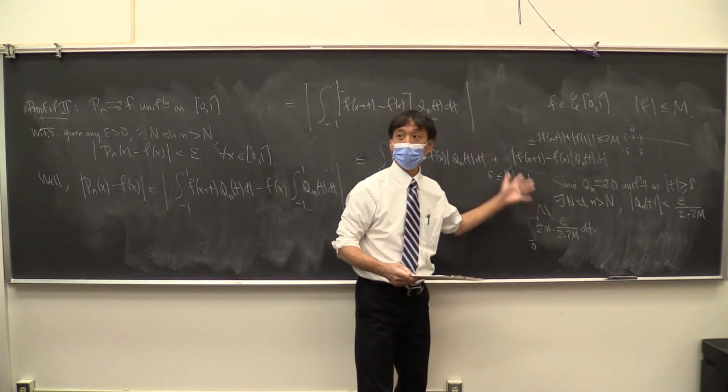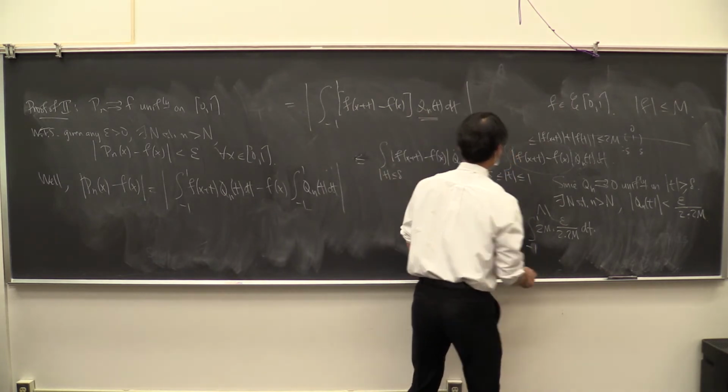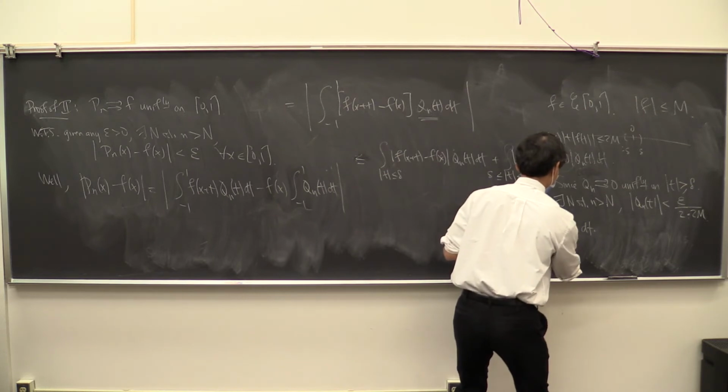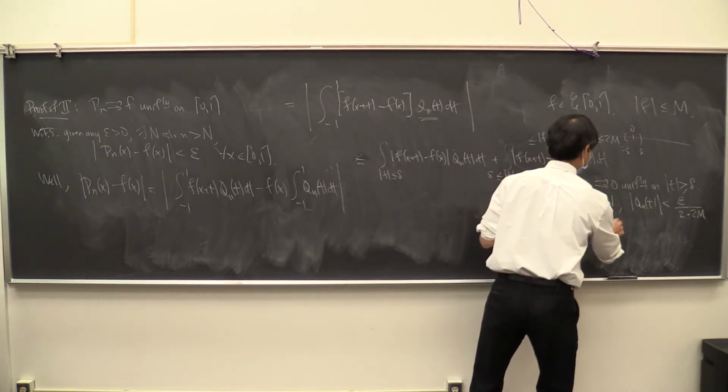So we're just going to go over the whole interval of [0, 1]. I'm sorry, negative 1, 1. In that case, I need another 2. Okay, so I get epsilon over 2.